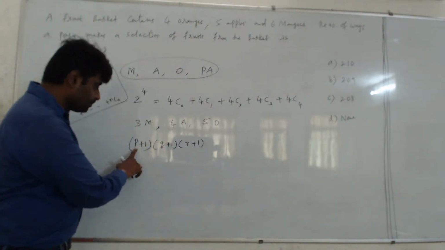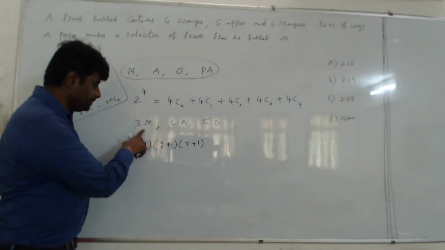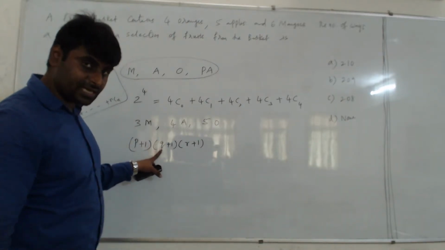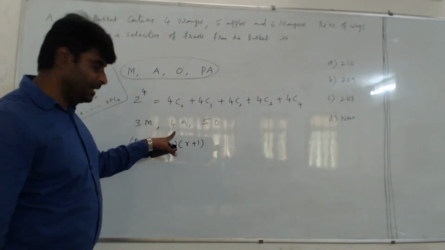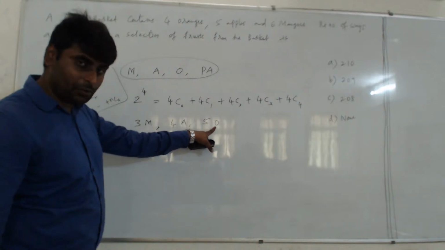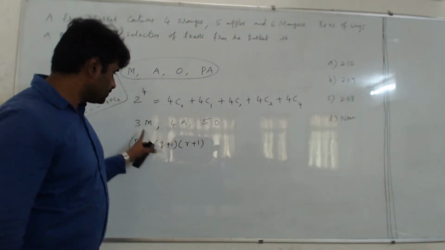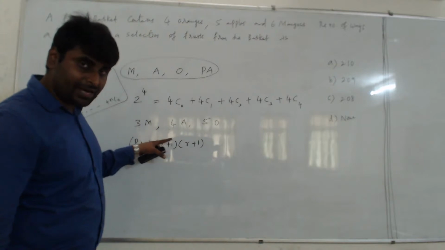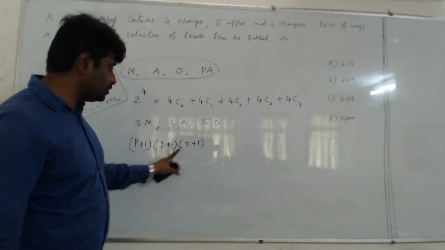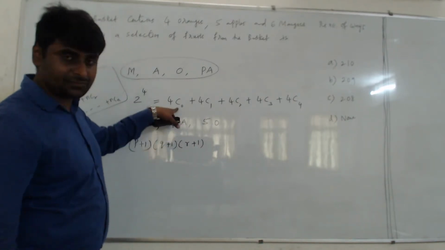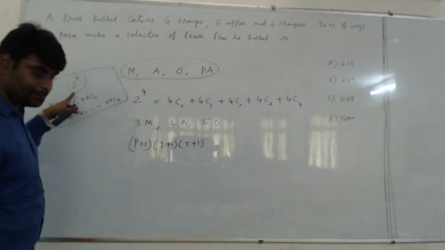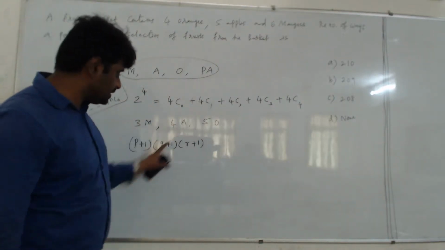Here p means the number of things of the first kind, as there are 3 mangoes. q means the number of things of the second kind, as there are 4 apples. r means the number of things of the third kind, as there are 5 oranges. So the number of selections when we are given categories of things is (p plus 1) into (q plus 1) into (r plus 1), which is different from this formula. Here, when you have n different things, the formula is 2 power n. When you have categories of things, this will be the formula.